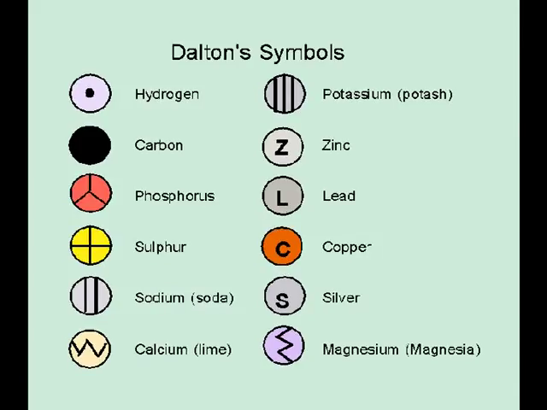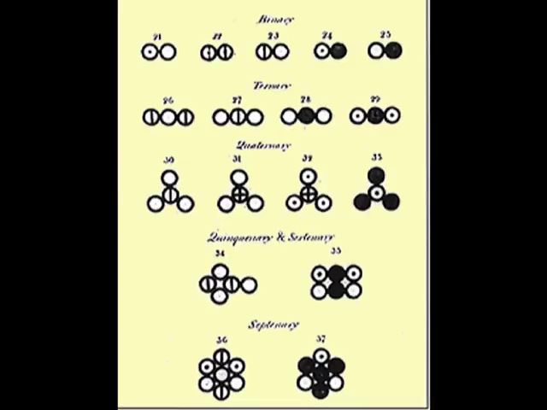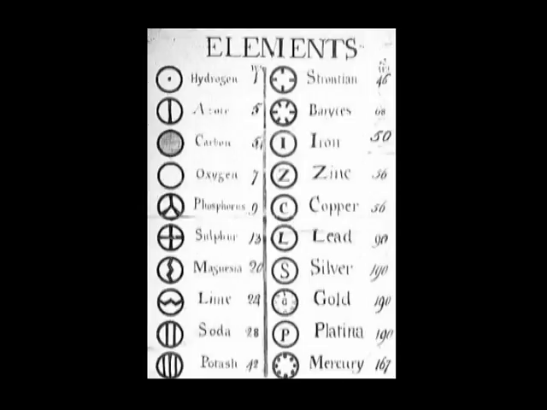Elements had one type of atom, and he gave them symbols. Compounds had more than one type of atom, but his symbols were still a bit off the plot.